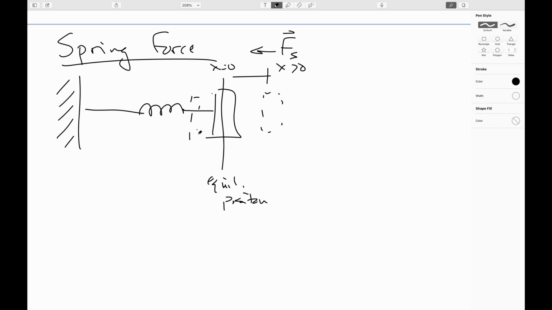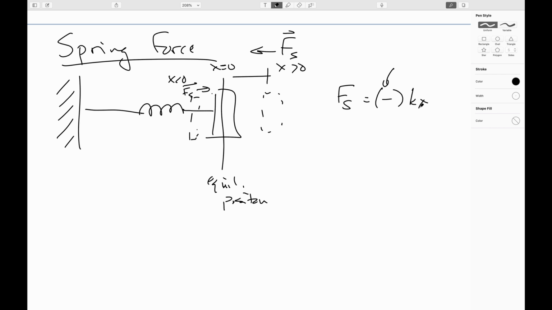If I compress it to the left like this, this would be a negative, and the spring would be pushing to the right. Right at the equilibrium position, where I said x equals 0, the force is 0. So we can write that the force of the spring is, and again, I'm not getting hung up about it, but we need the minus sign here just to be a little careful.